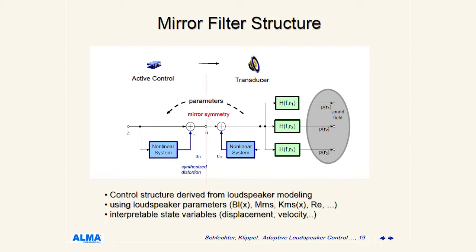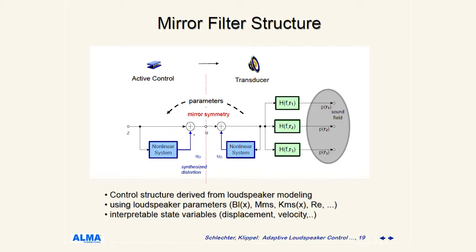And you see the loudspeaker is a feedback system itself. So we can derive directly a control structure from the transducer model. If we would subtract the same distortion as which is added at this point, then we have linearized the loudspeaker. So we need a similar nonlinear system.